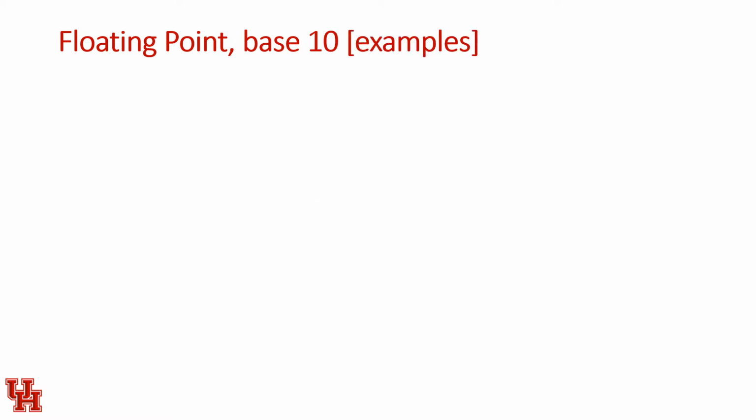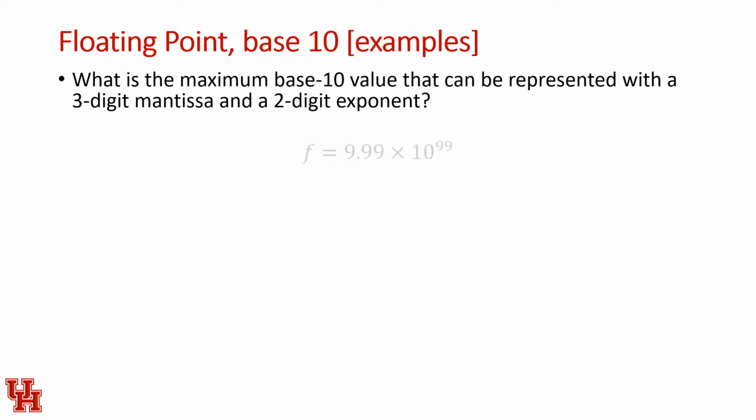The fundamental benefit of floating point is that it supports a wide dynamic range of numbers while using a simple constant representation. For example, the maximum base 10 value that we can represent with this proposed representation is 9.99 times 10 to the 99th, or, not that it matters, 9 duotrigintillion 990 untrigintillion.